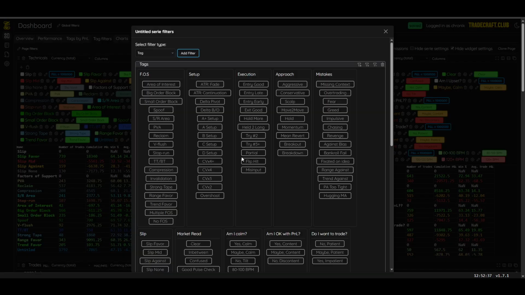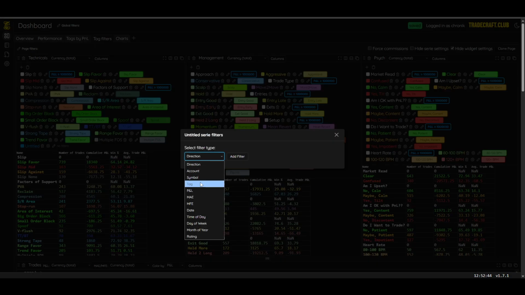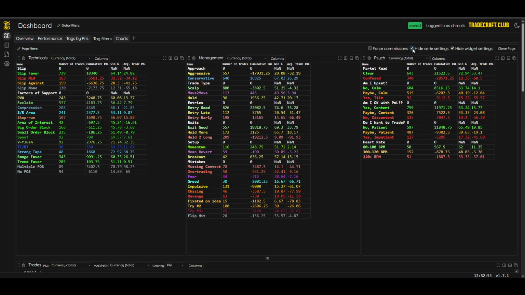Wait a second. I clicked on the wrong widget filter. Two. So 1, 2, 3, 4, and 5.